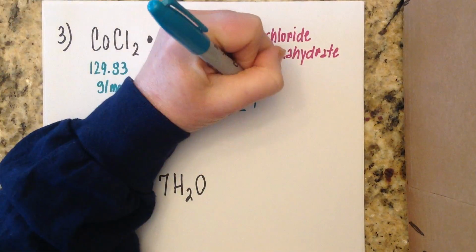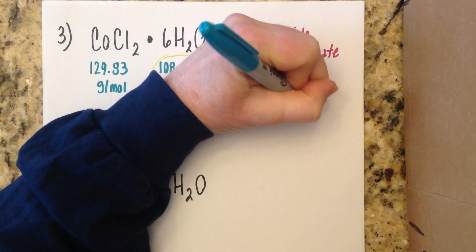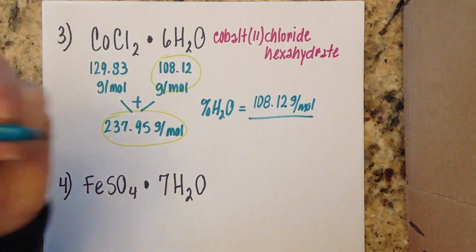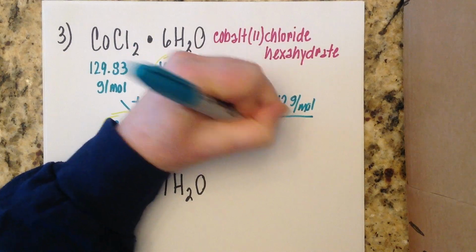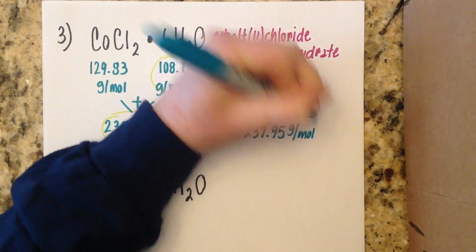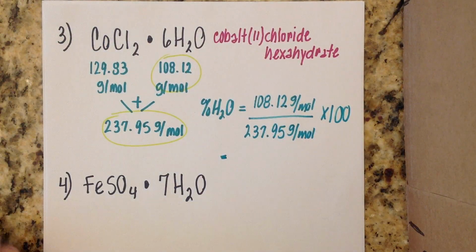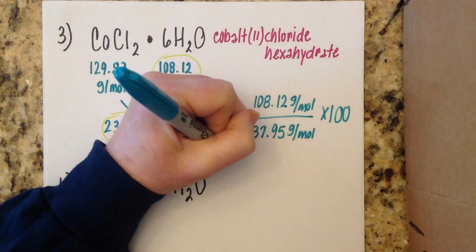So 108.12 grams per mole over 237.95 grams per mole times 100. Let's punch that in and see what we get. I'm getting about 45% water.